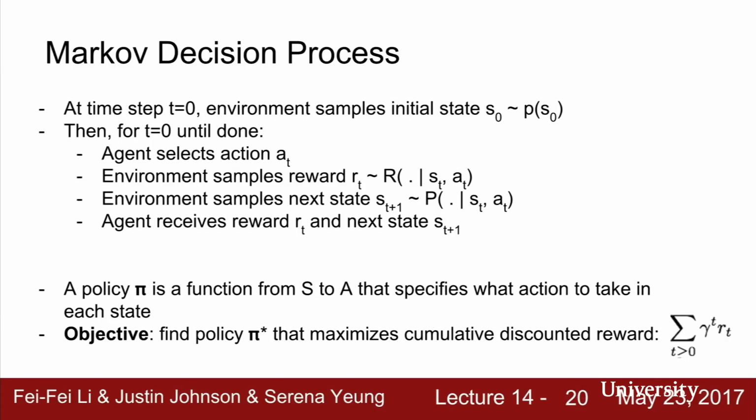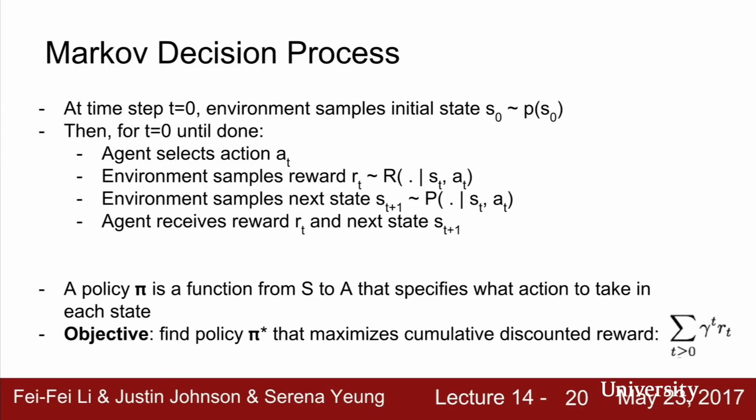So the way the Markov decision process works is that at our initial time step t equals 0, the environment is going to sample some initial state s0 from the initial state distribution, p of s0. And then from time t equals 0 until it's done, we're going to iterate through this loop where the agent is going to select an action, a sub t.